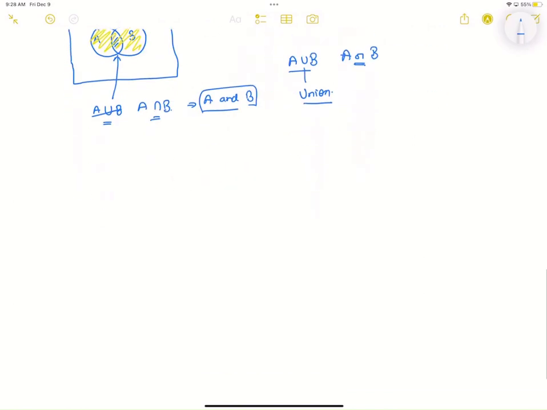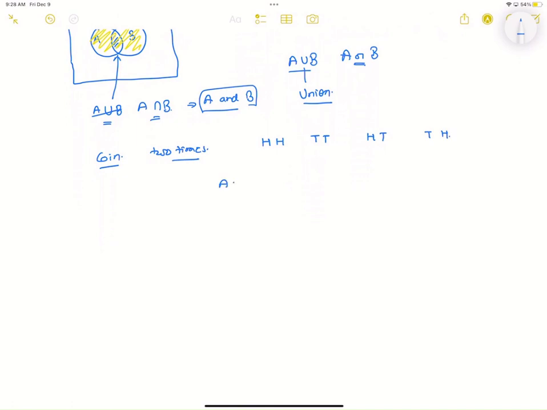So let's talk about two tosses of a coin. We have a coin and we toss it 2 times. The sample space is: first head, second head; first tail, second tail; first head, second tail; and first tail, second head.